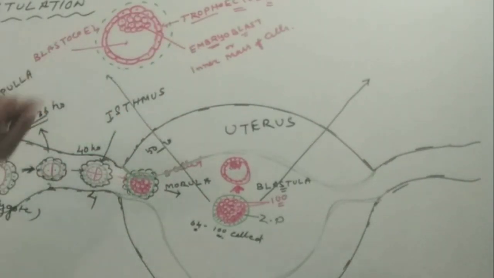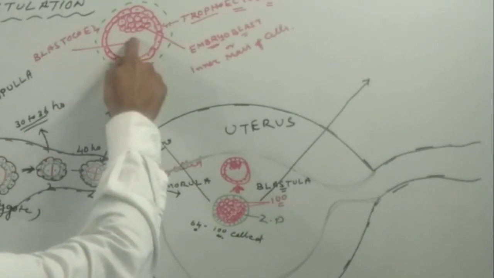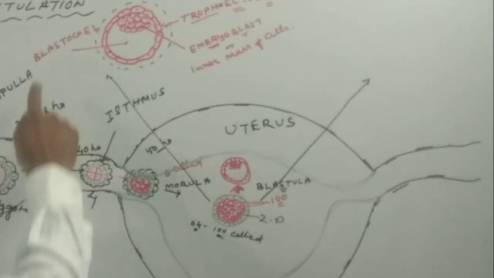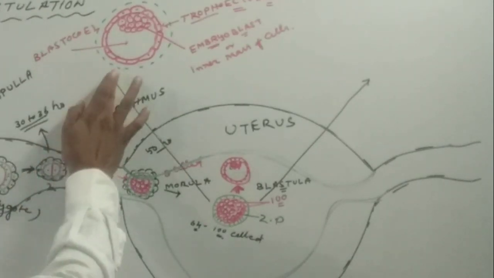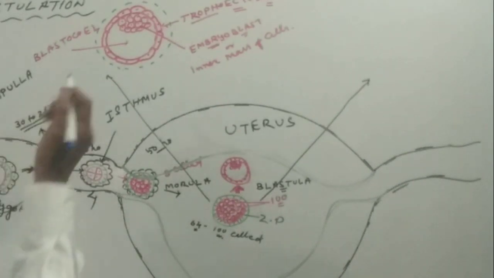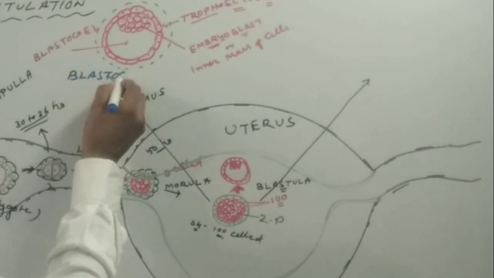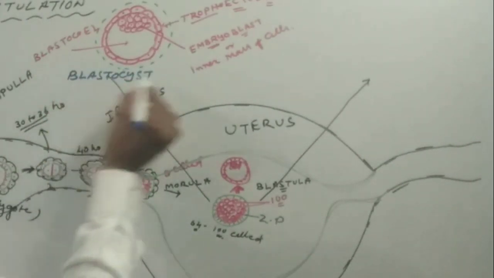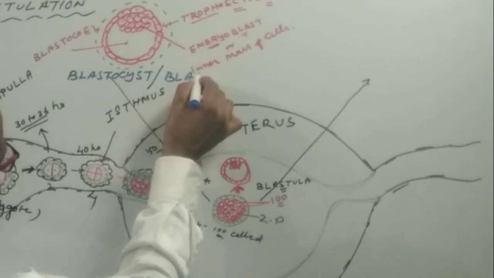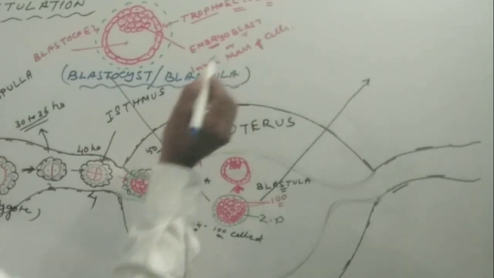The blastocyst cavity will appear at the center of the structure, and the whole structure is known as the blastocyst or blastula.